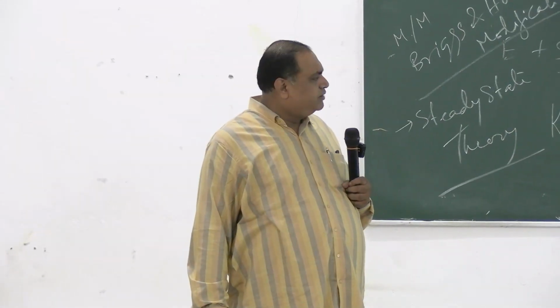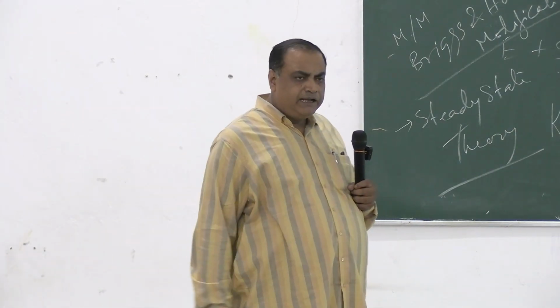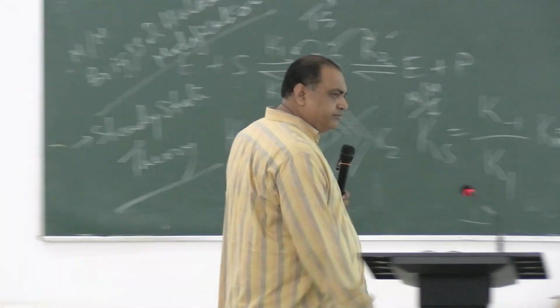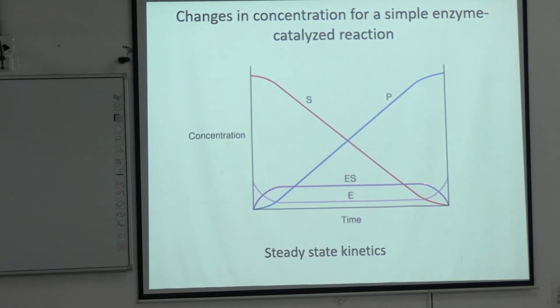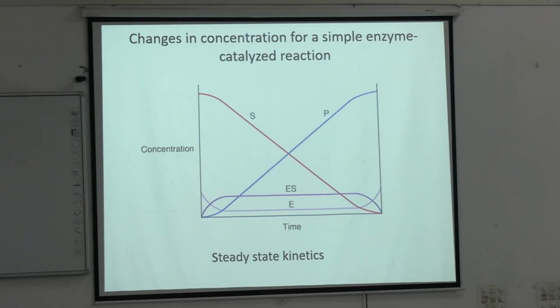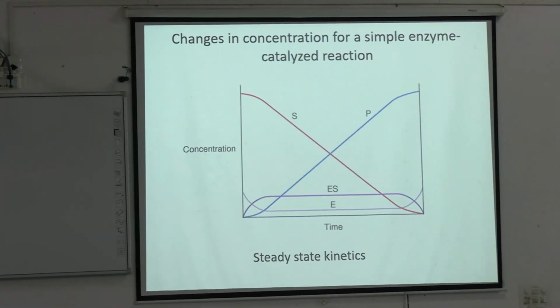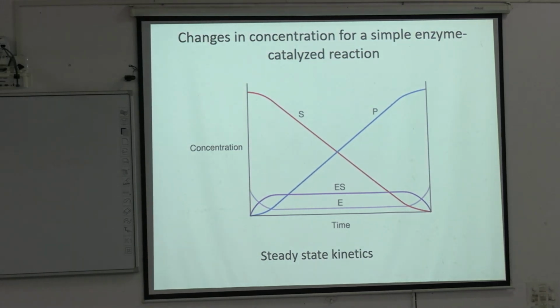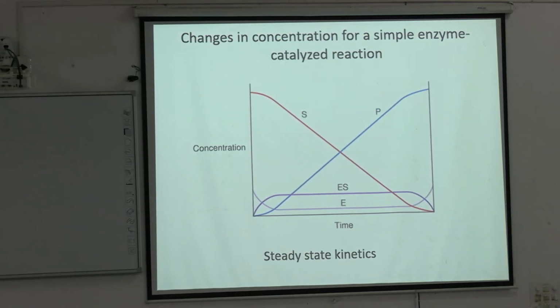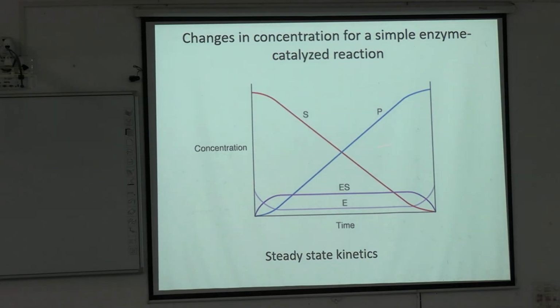The ES complex and E maintain the same rate between this point and this point. What are these points? The points where the substrate starts being utilized, and where the substrate is completely utilized. These 2 points. Right?